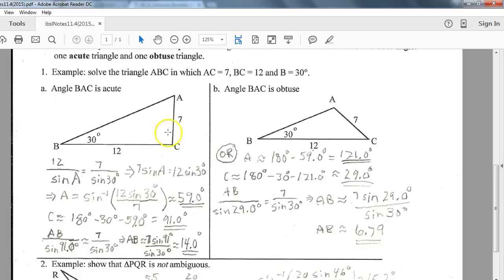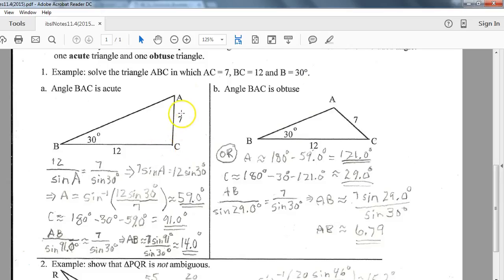So if I do check those numbers, I'm seeing angle C as my largest angle, which must mean that the side across from it must be the largest side. So if I check the numbers, yep, 14 is the largest side. And the smallest angle, which is 30, must be across from the smallest side. And so that fits, and I know my numbers make sense for this drawing.